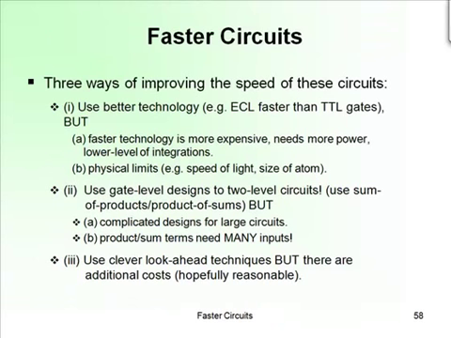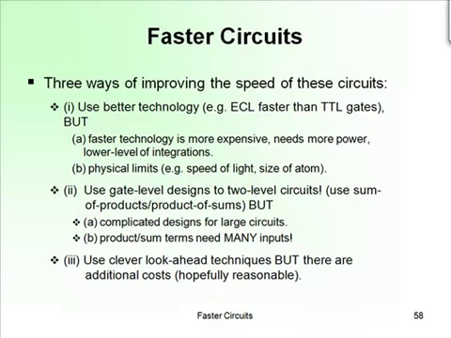Use ECL rather than TTL, simply because ECL is faster, and then your only limitation is the speed of light. Or use gate level design, but you can get complicated designs for large circuits, and sometimes you may have a whole ton of inputs when you wind up with the final solution.